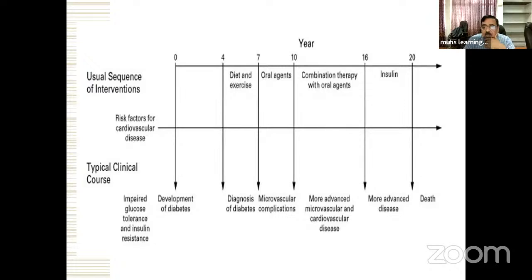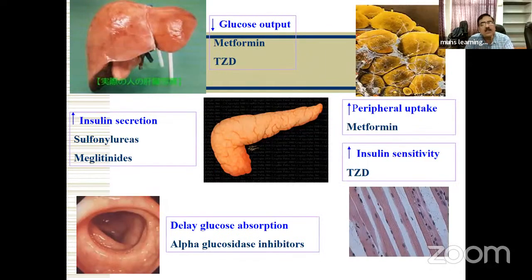has to be ensured. Now coming to the agents, the sulfonylureas and meglitinides, what do they do? They tend to increase insulin secretion from the pancreas by a sodium potassium pump inhibitor, and that is why it is available. The glucose output is reduced by metformin and thiazolidinediones.